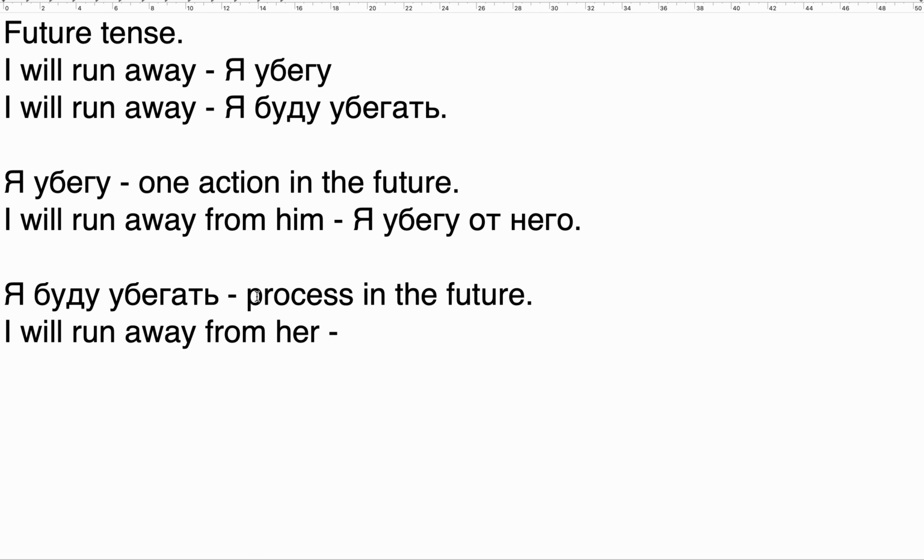If we're talking about the process, we can translate this sentence like this: Я буду убегать от нее. It will happen for a long time, because it's like a process in the future. That's why I use "я буду убегать".